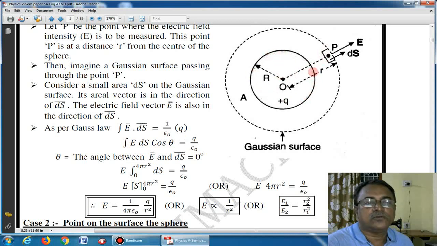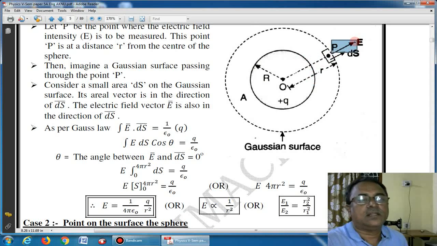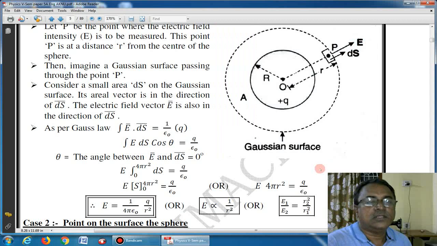That is the force of repulsion, the unit positive charge will move in this direction, and this is the direction of the electric field intensity or electric field line, that is represented by E. So E is the magnitude of the electric field intensity at this point P, and this is the direction.